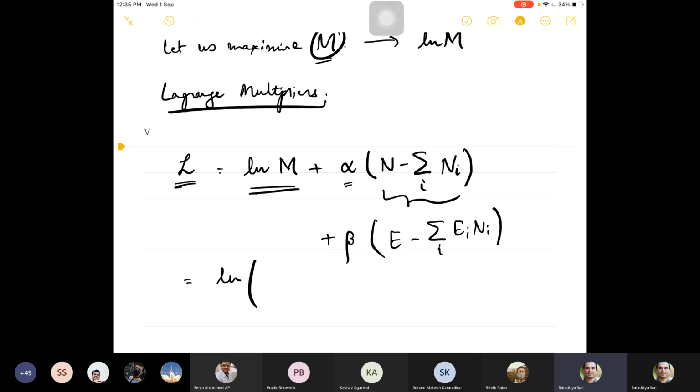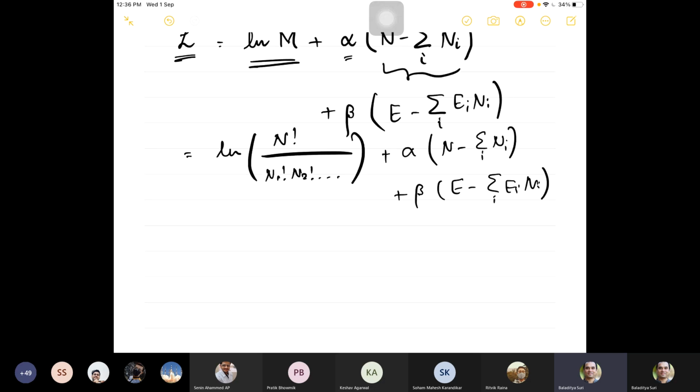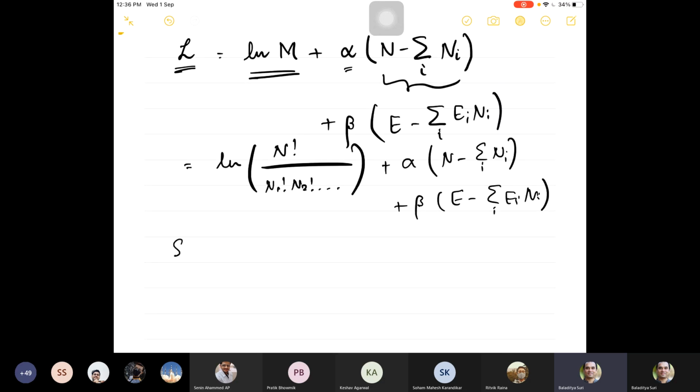we write this as ln of n factorial divided by n1 factorial, n2 factorial, and so on, plus alpha times N minus summation over i of ni, plus beta times E minus summation over i of ei times ni. Now, another advantage of writing it as the logarithm is we have something called the Stirling approximation, which you will use a lot in statistical physics later, but even for non-physics majors, this is an important approximation to learn.